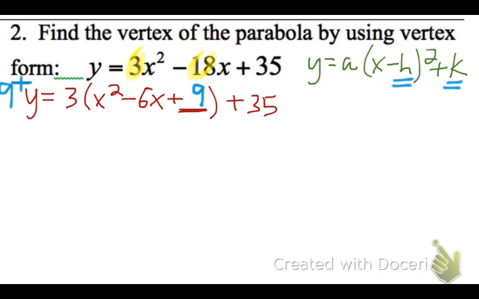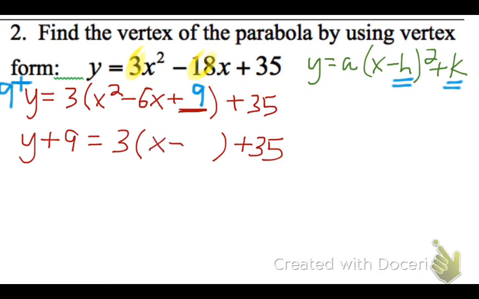So we have y plus 9 on the left equals 3, and now we can factor x squared minus 6x plus 9 to be x minus 3 times x minus 3, which we'll write as x minus 3 squared.